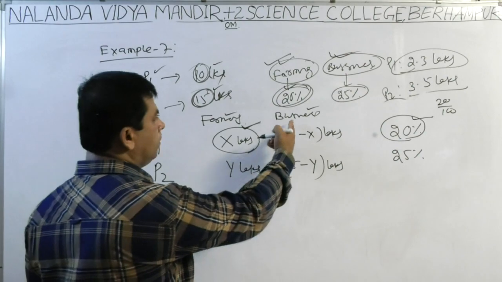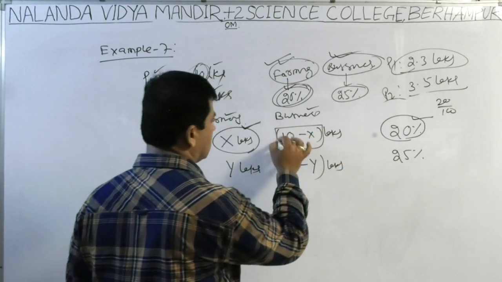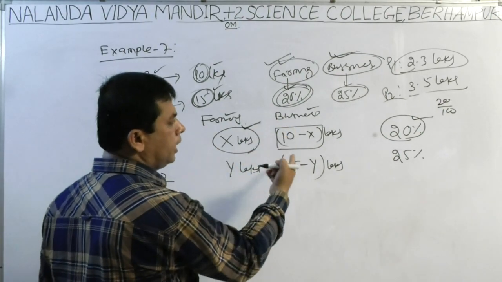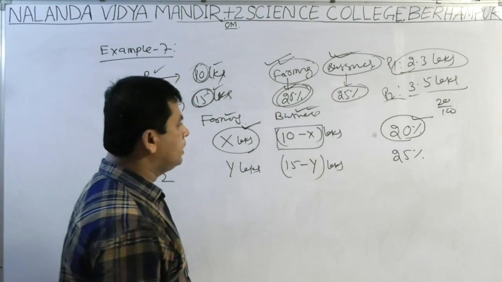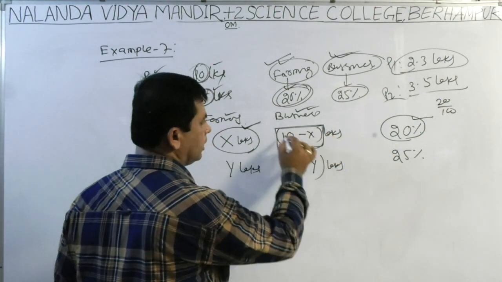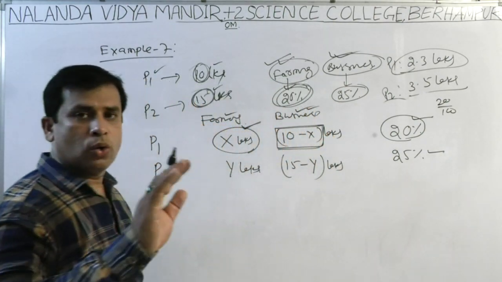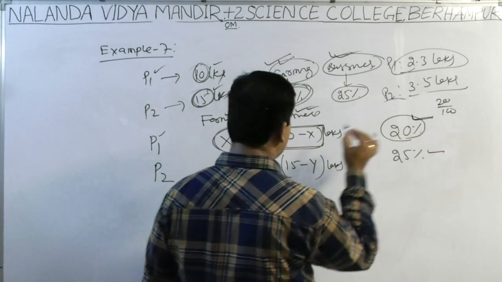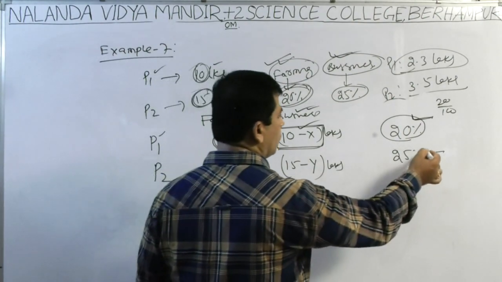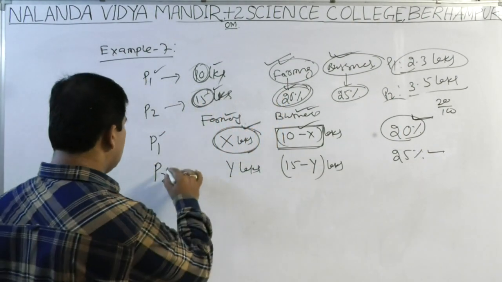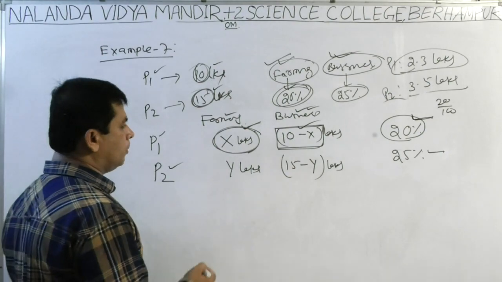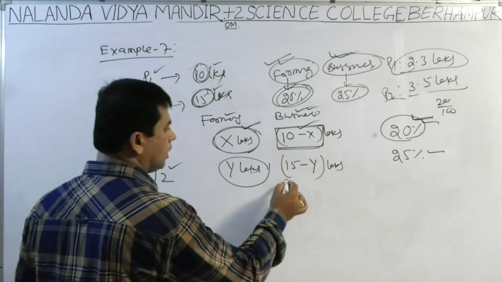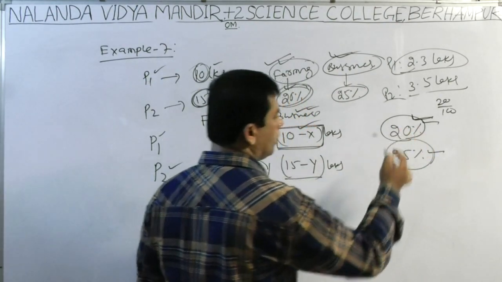And P1 invests 10 minus X lakhs in business, so P1 gets the benefit from business, that is 10 minus X into 25%. Therefore, the total profit of P1 is X lakhs into 20% plus 10 minus X lakhs into 25%. Similarly, person 2's total profit is Y into 20% plus 15 minus Y into 25%.